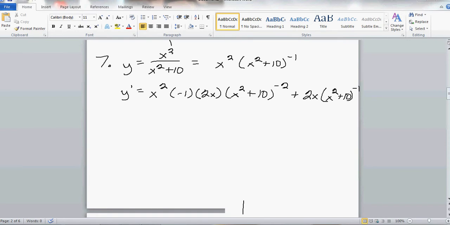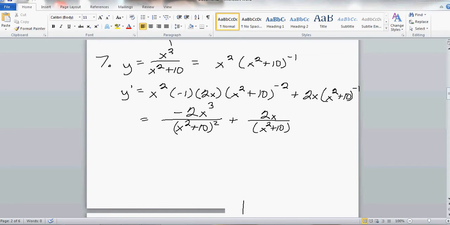And let's see what that leaves us with. Multiplying all that together, we get negative 2x cubed over x squared plus 10, the quantity squared. And then cleaning this up, we get 2x over x squared plus 10.